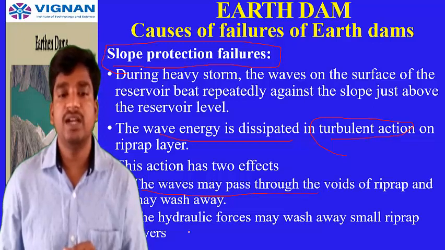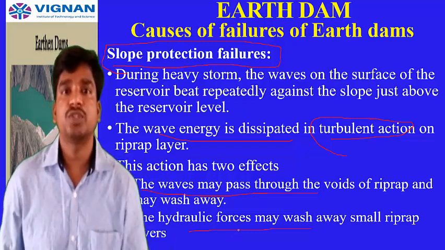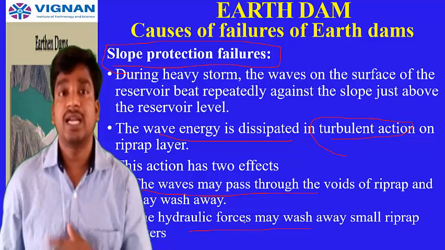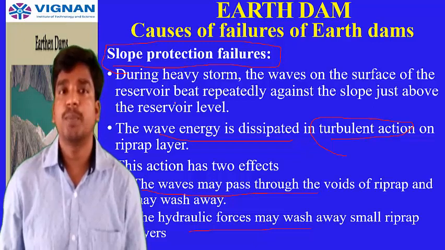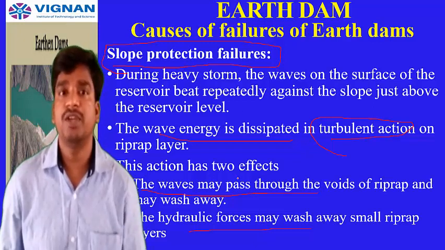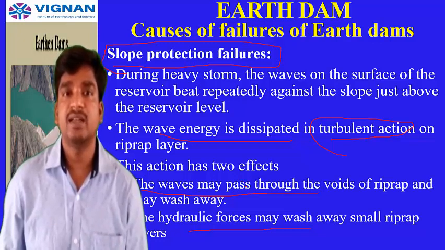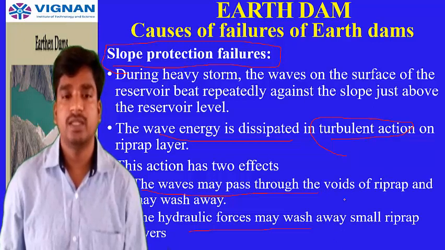The second is hydraulic forces may wash away small riprap layers, meaning sometimes the entire layer may be washed away because of the turbulent action of the waves under heavy rainstorms. So the slope protections also fail because of the waves due to heavy rains. Whenever they hit very hard at the upstream surface, these protection layers may be spoiled or washed away.